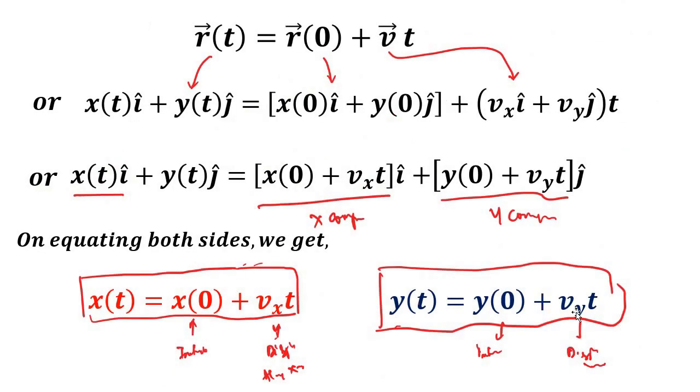Same thing here, the displacement along x-axis, displacement along y-axis: the initial position plus the product of velocity and time, which is the net change in position, gives us the final position. So here we just did it for the individual x and y components, x with x, y with y.